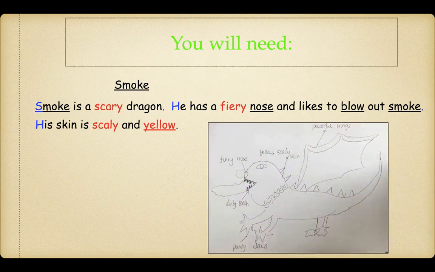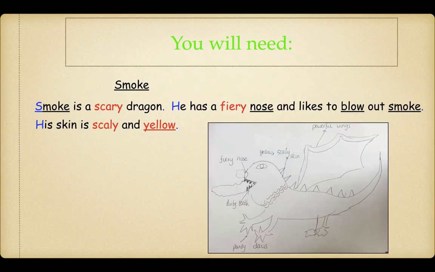Hopefully you will need your diagram or your drawing of your dragon, and you named different body parts of your dragon, like the nose, and then you chose an adjective to describe the nose, like fiery nose, yellow scaly skin, powerful wings.